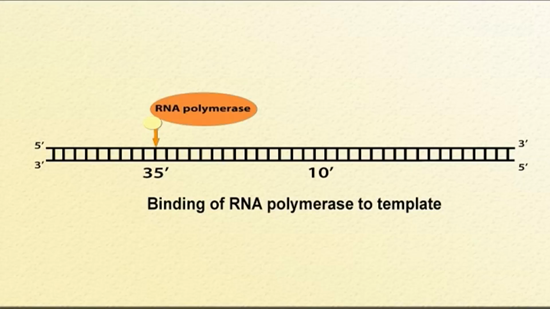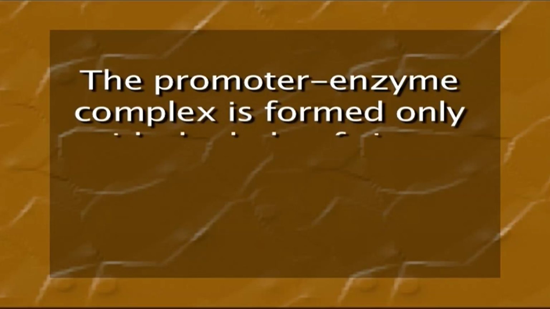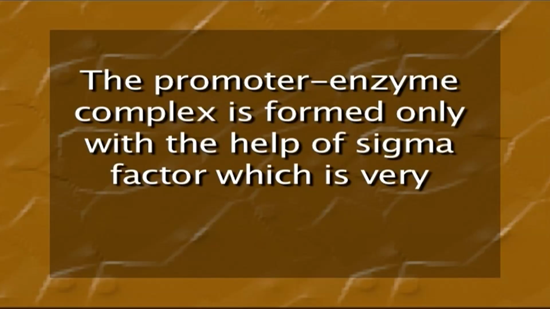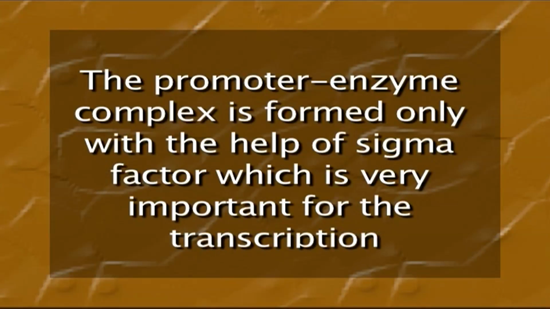Sigma factor has a vital role in specific binding of this enzyme with the template. The binding of core enzyme without sigma factor to DNA is not promoter specific. The promoter enzyme complex is formed only with the help of sigma factor, which is very important for transcription.